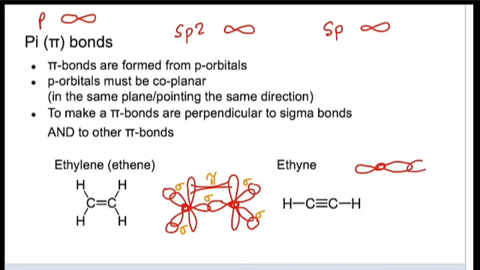And the carbon-carbon bond, at least the sigma portion of it, is forming through direct orbital overlap of 2 sp hybrid orbitals.